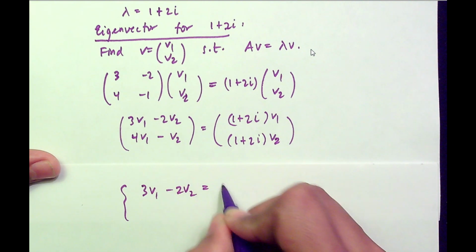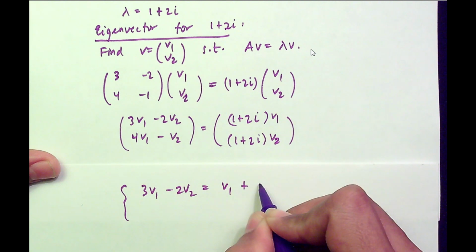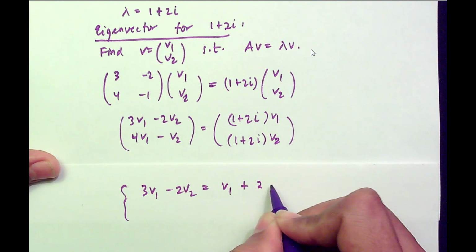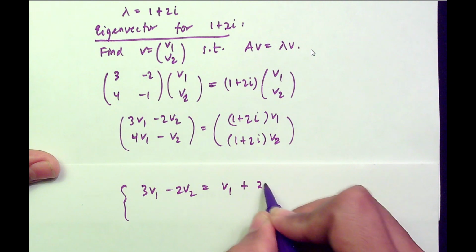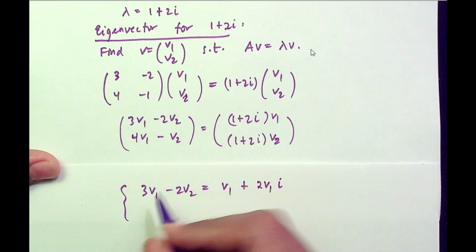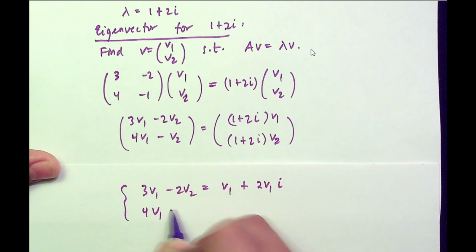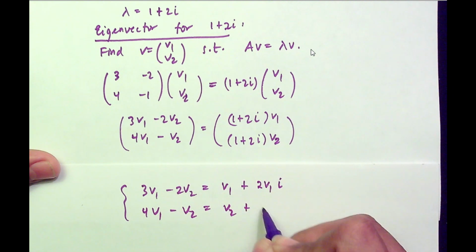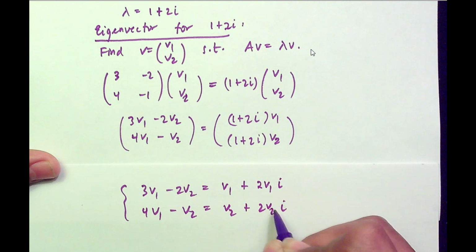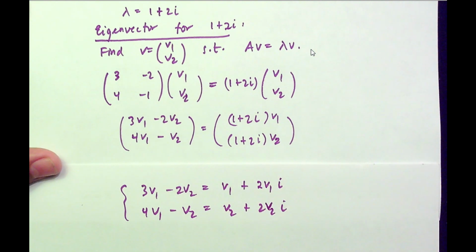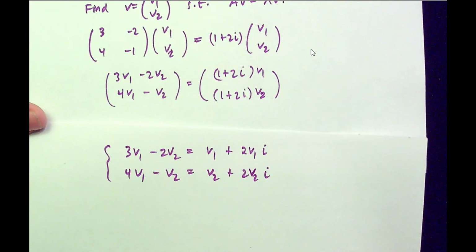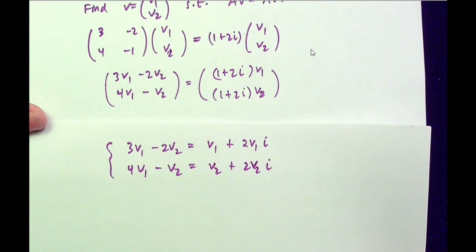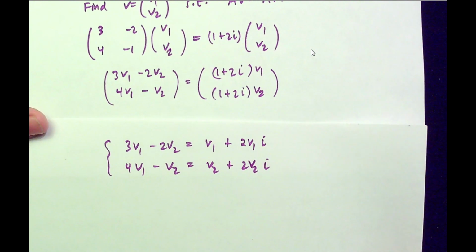So this is going to be v1 plus 2v1i, and then the bottom would be 4v1 minus v2, and then v2 plus 2v2i. These two equations are going to give you the same thing, so I'm just going to look at them and see which one looks easiest to figure out.